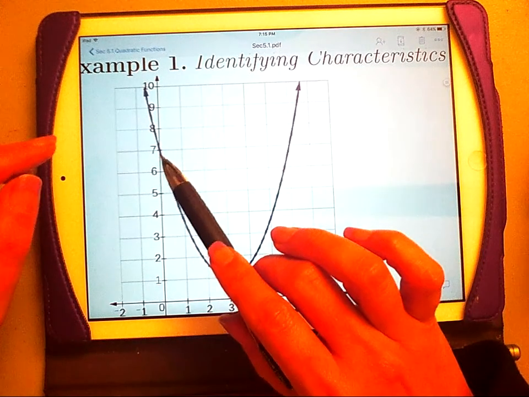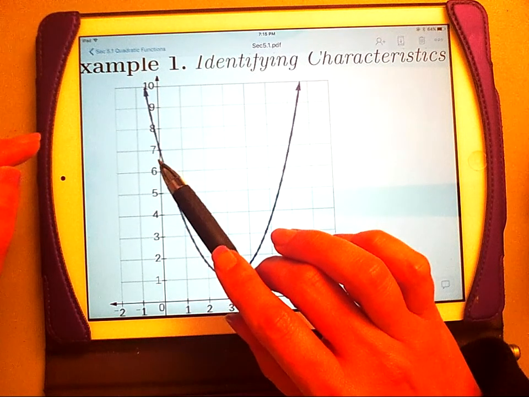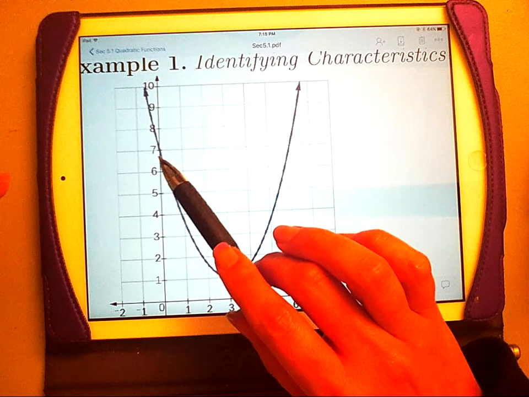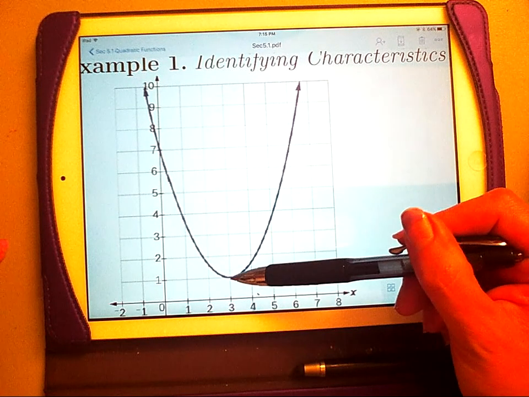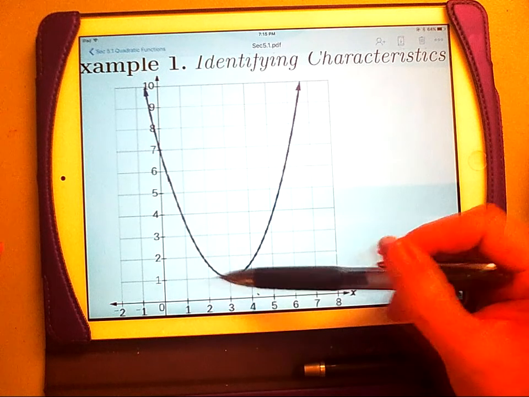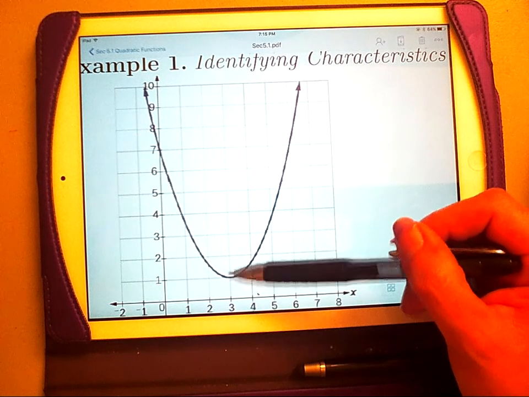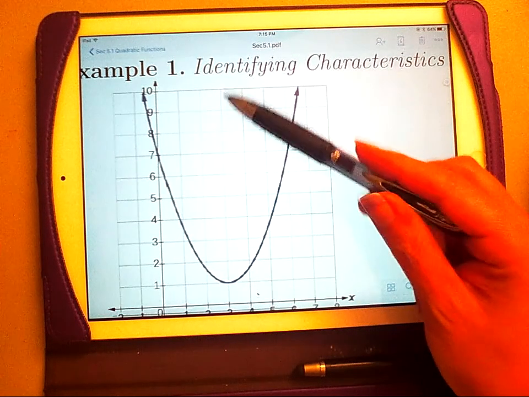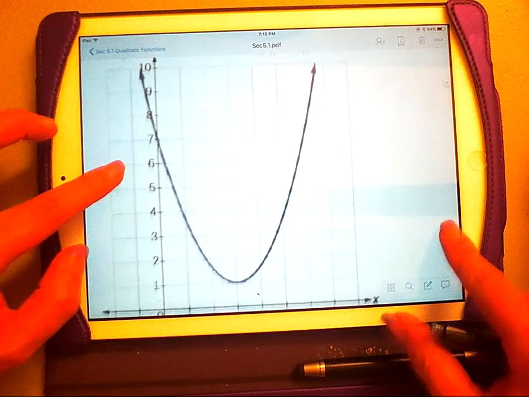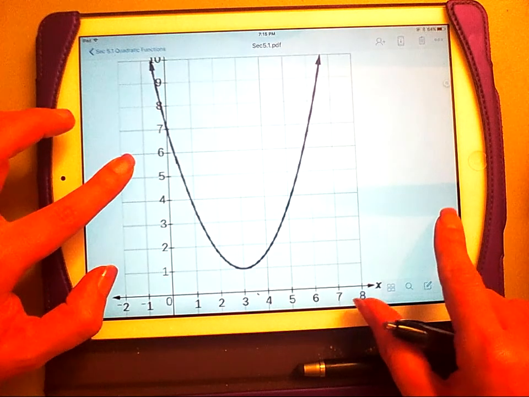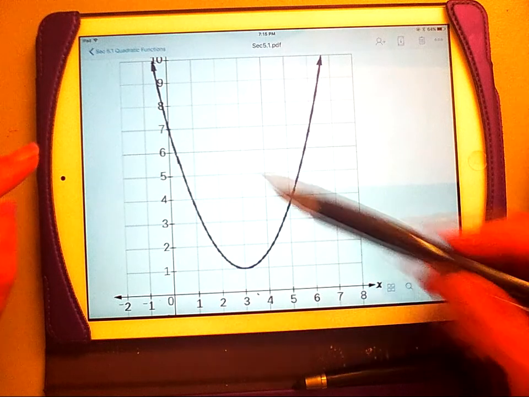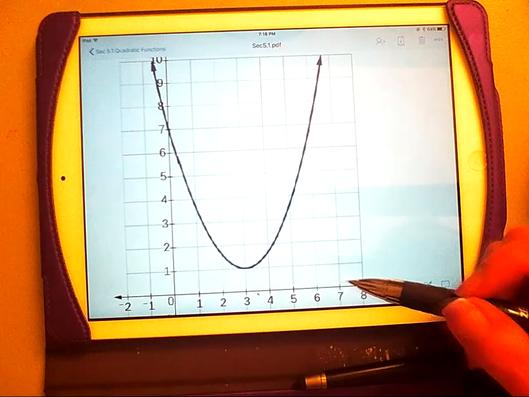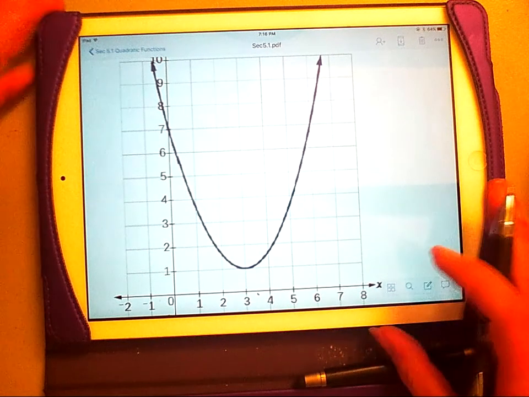Now the y-intercept is where we let x equal 0, and so in this case it's the ordered pair 0, 7. Our vertex is here at 3, 1. Okay? And the axis of symmetry is the invisible line that will go through here. Oops, sorry. Okay. And the equation of that line is x equals 3. Okay. So you can just read these things from a graph if you're given it.